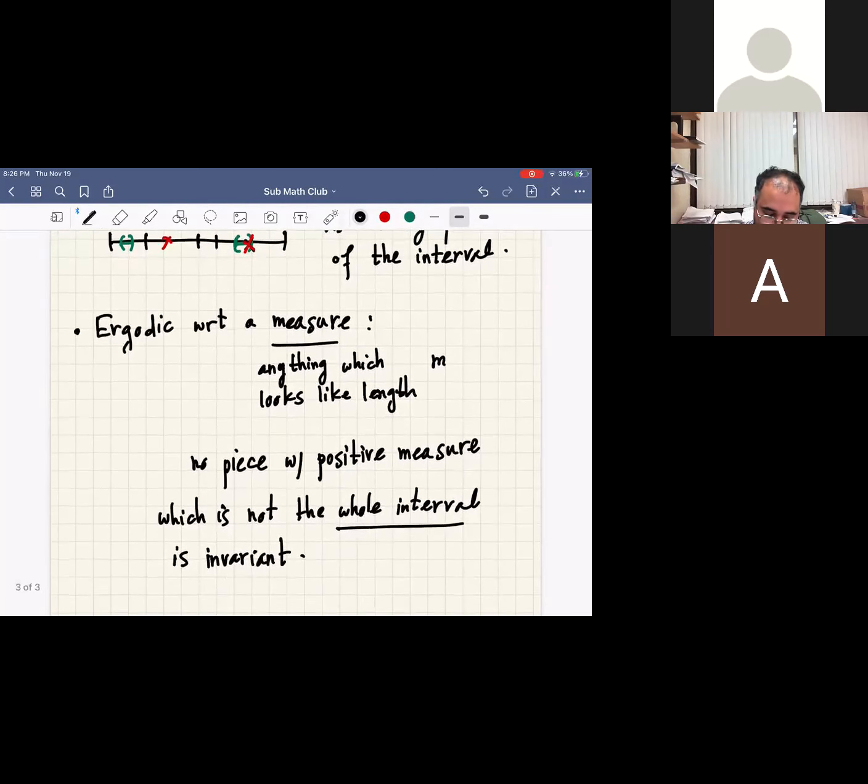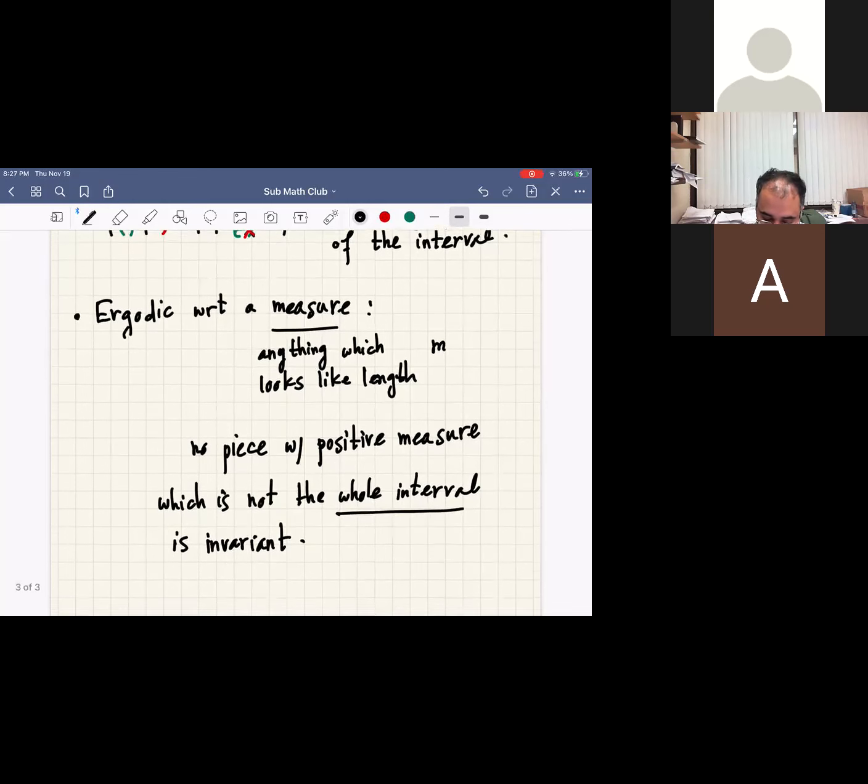Invariance means that they don't move. When it's not invariant, it means that this map just moves that piece. So as soon as it's visible by our measure, so it has positive measure, it's going to move under T when we have this ergodicity.